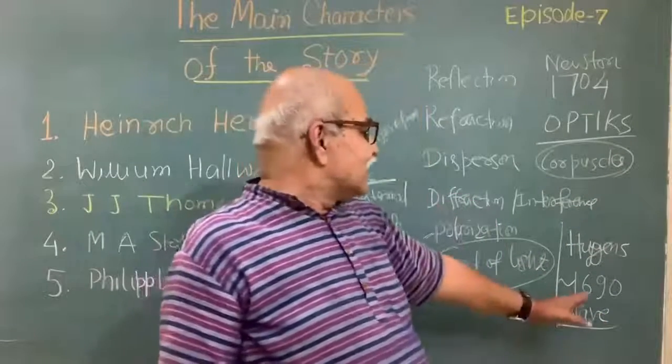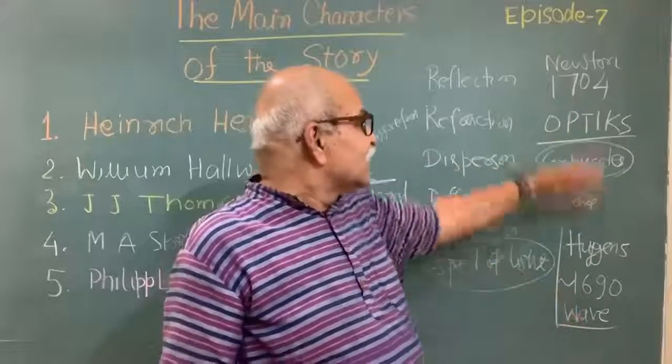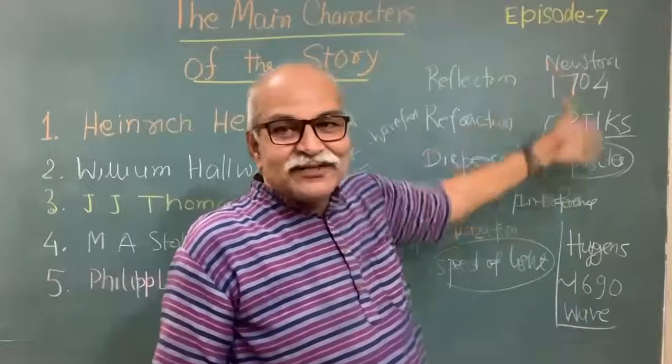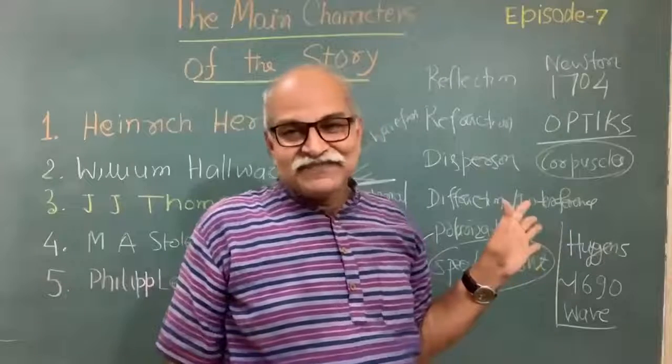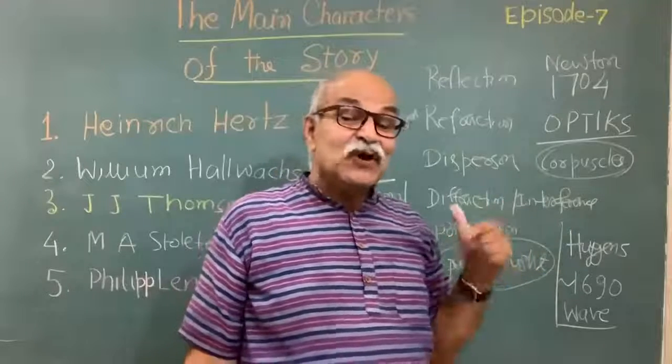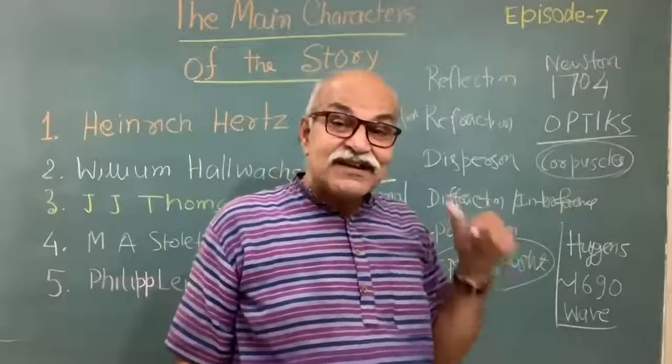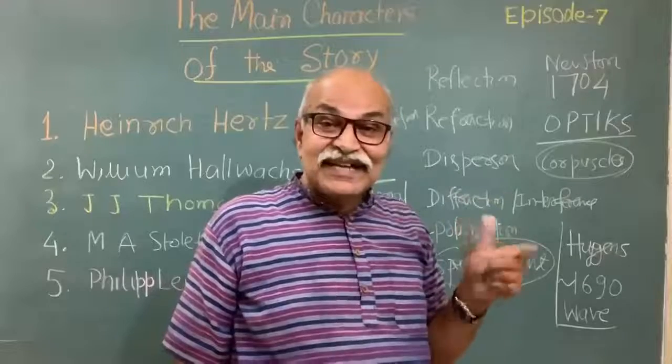This is all late 17th century and just the beginning of the 18th century. But then this entire century, this debate was there. And then came Thomas Young, Fresnel, Fraunhofer, Airy.